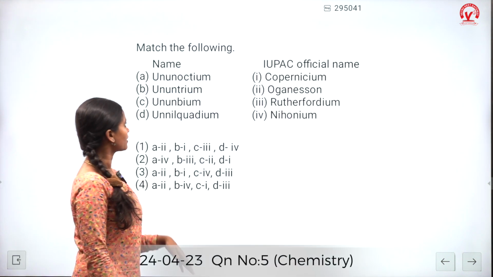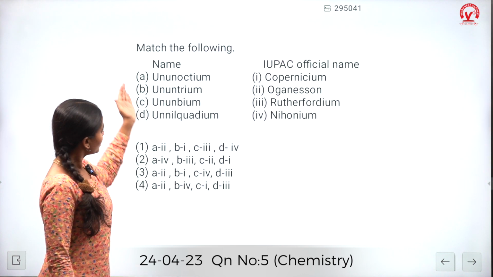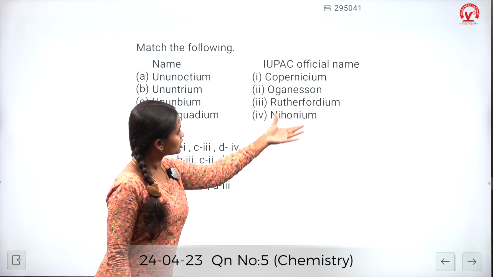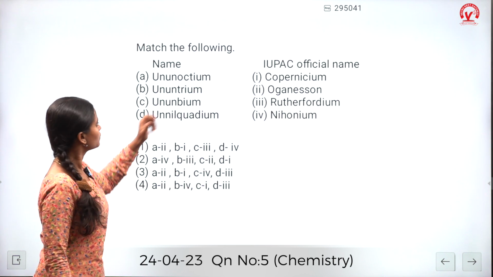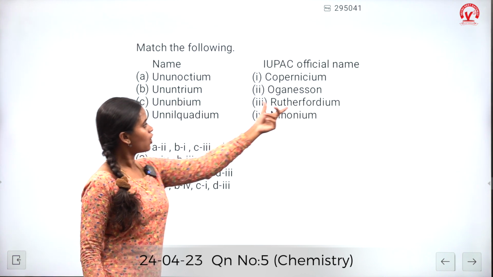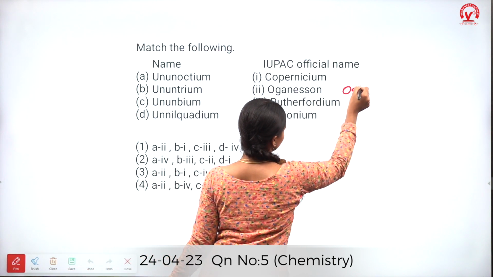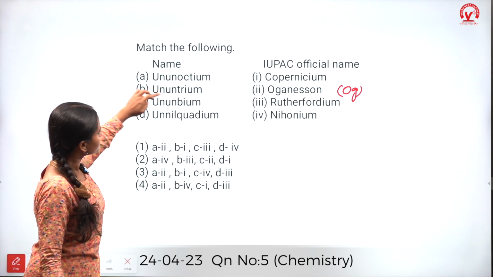Match the following. Here these names are newly discovered elements in the periodic table. This is its official IUPAC name. First one is ununoctium. Ununoctium is nothing but oganesson, which is represented as Og. Then the second one is ununtrium.